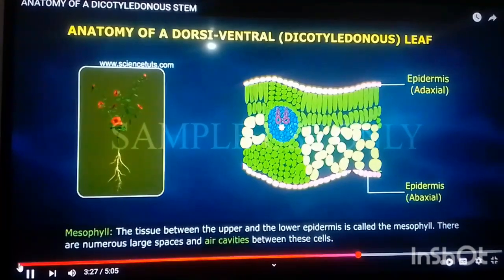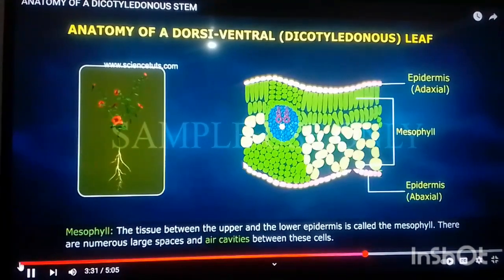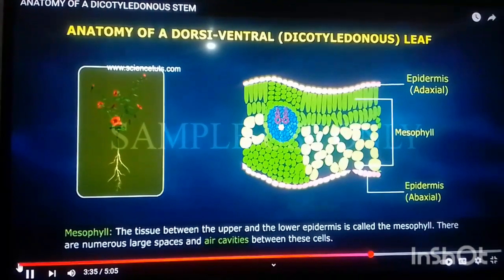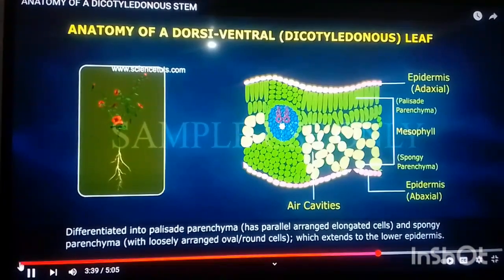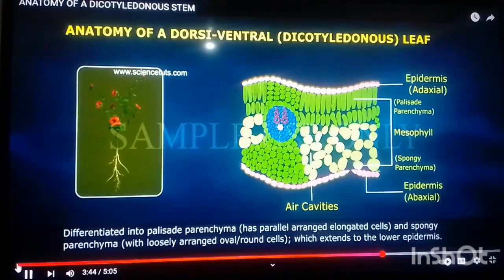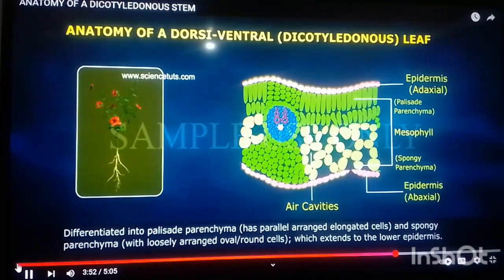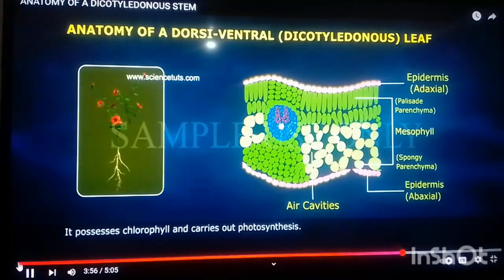Mesophyll: the tissue between the upper and the lower epidermis is called the mesophyll. There are numerous large spaces and air cavities between these cells. It is differentiated into palisade parenchyma, with parallel arranged elongated cells, and spongy parenchyma with loosely arranged oval round cells, which extends to the lower epidermis. It possesses chlorophyll and carries out photosynthesis.